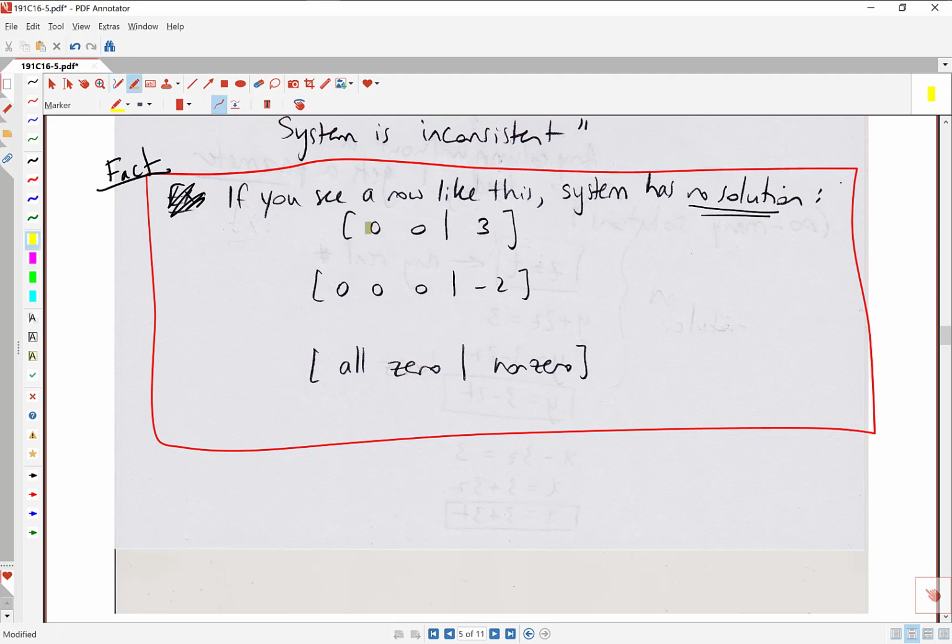We're looking for a situation where we've got all zeros to the left of the vertical bar and then something non-zero on the right side. If you write that generally in words, if you have all zeros on the left side and then something non-zero on the right side, that's where you have that inconsistent situation where there simply are no values of x, y, and z that can make that true.